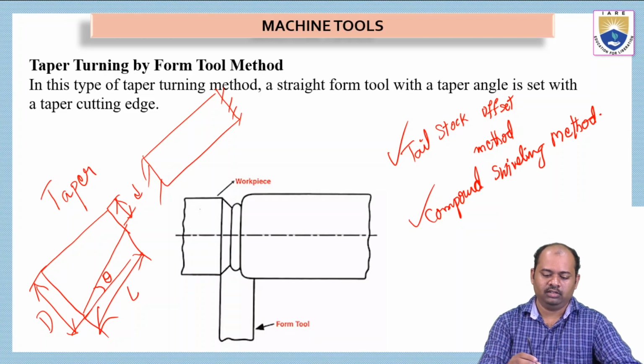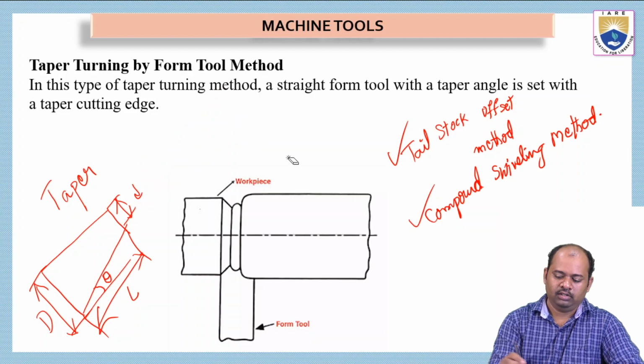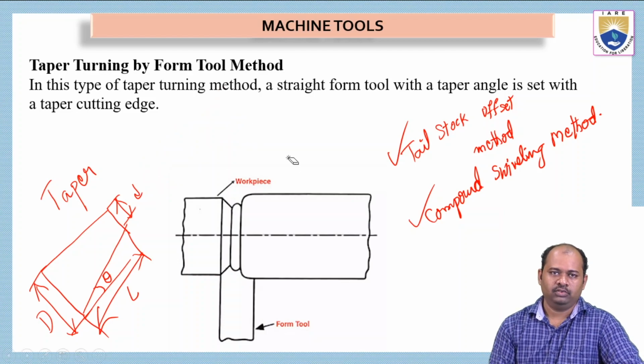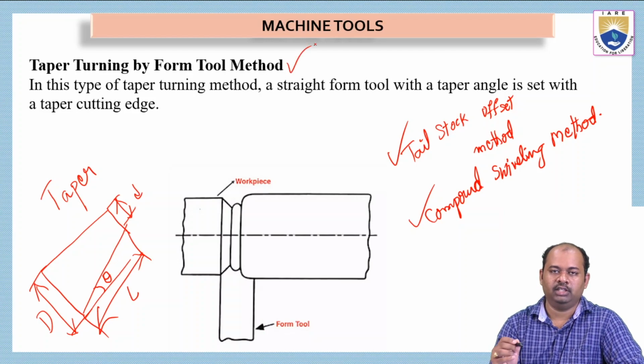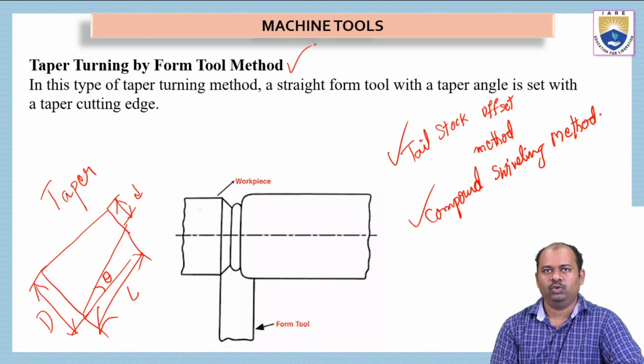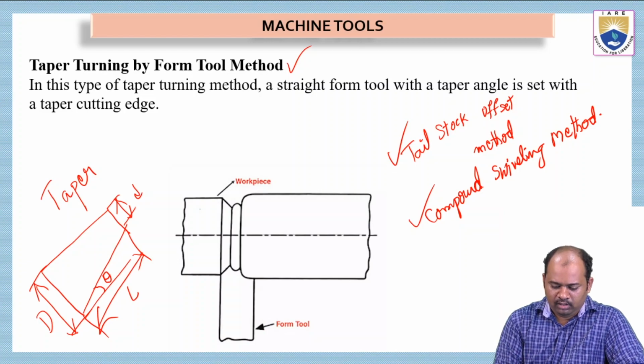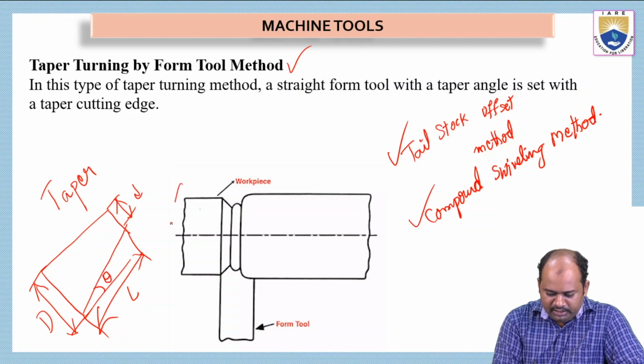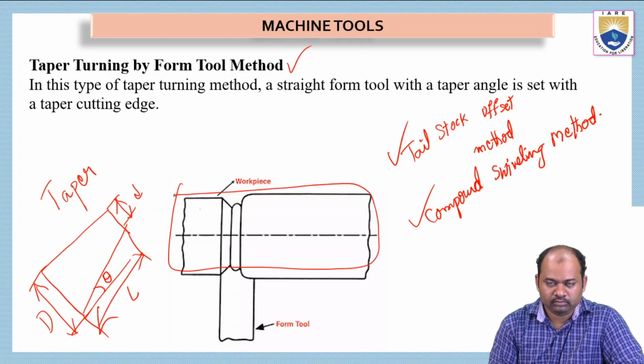Now in this method we are going to study how taper turning is done. The name of this method is taper turning by form tool method. In this type of taper turning method, a straight form tool with a taper angle is set with a taper cutting edge. This is very simple. See here, this is the workpiece.